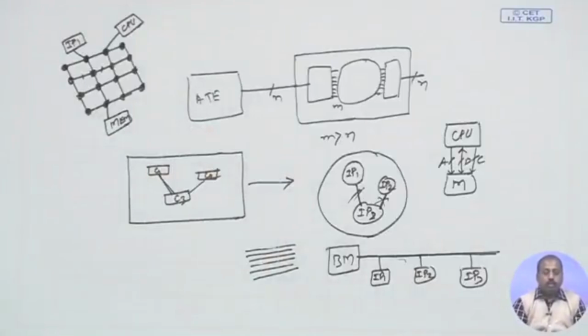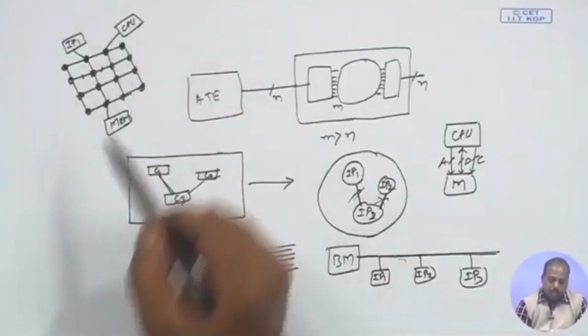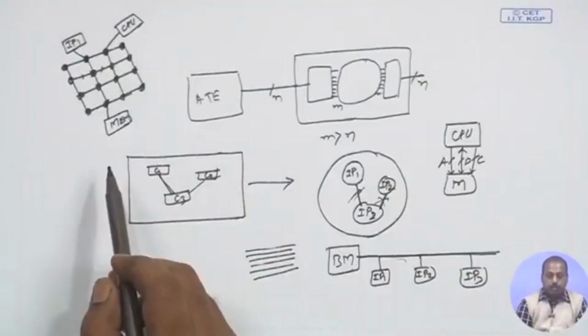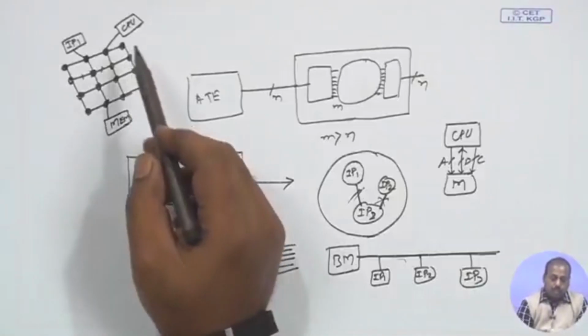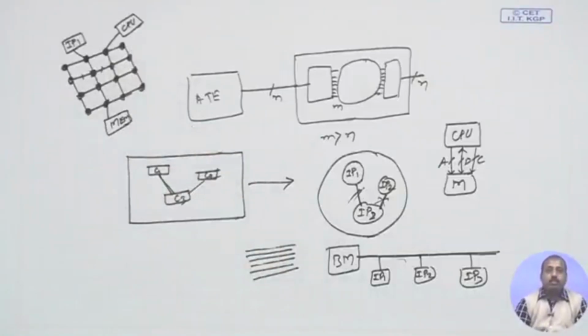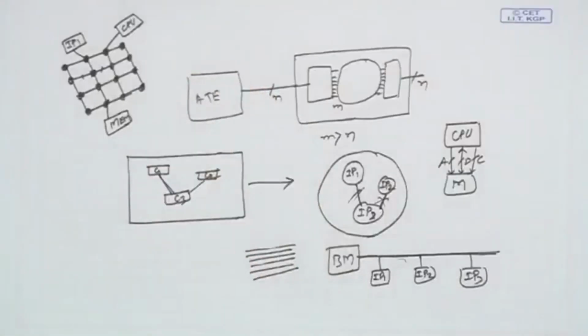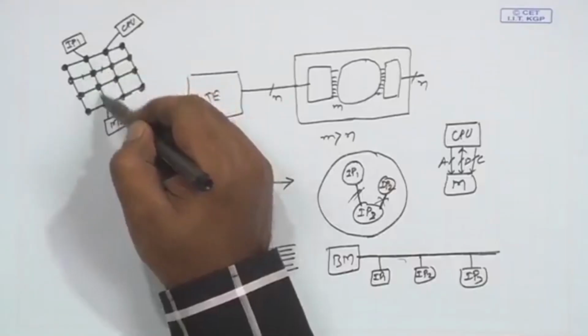So, this is the memory. Now, this CPU, when it wants to get some data from memory, what will it do? It will not send this address, data, control lines to the memory as some signal lines, rather it will prepare a message. Okay. In that message, it will put the memory location address from where it needs to get the data, and it will send that message over this network.